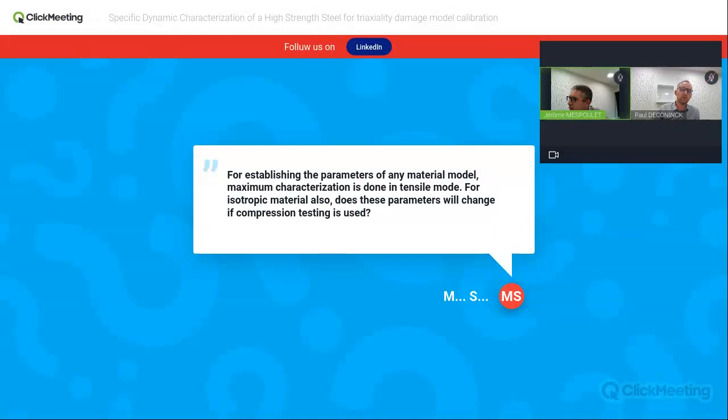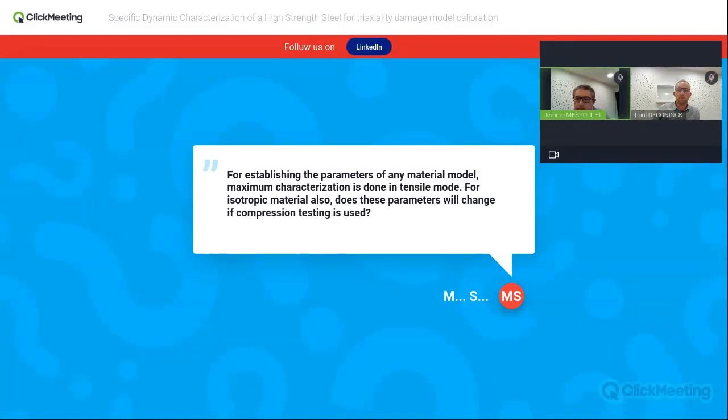Yes, in fact, it depends on what your material will exhibit. If you are only interested in calibrating a material model without failure, then you should consider characterizing it under compression loadings. But if you want to calibrate a material model and a failure model, then you will have to perform some tensile experiments.